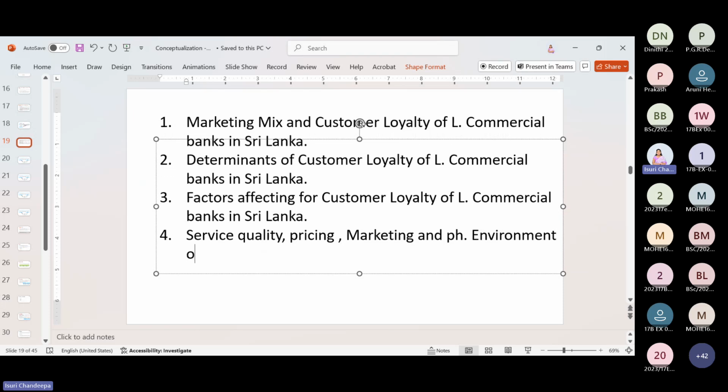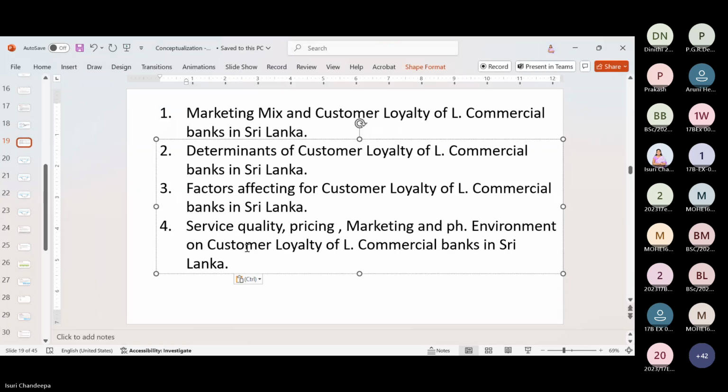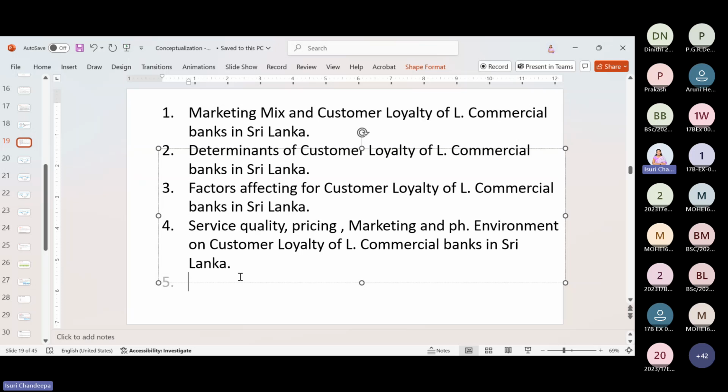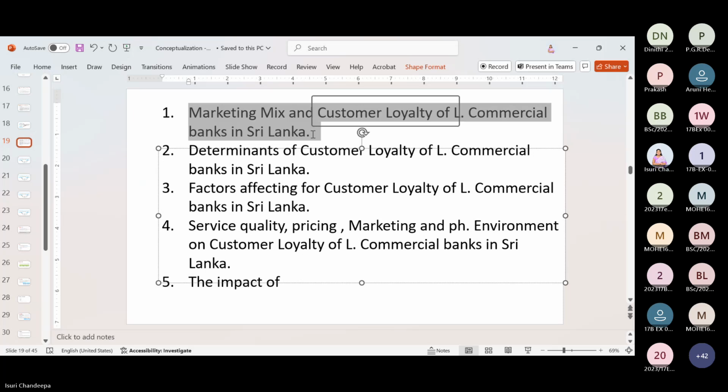Environment on customer loyalty. Customer loyalty. Again, you can write it down. The impact of marketing mix.